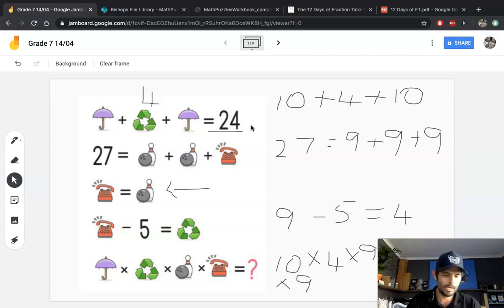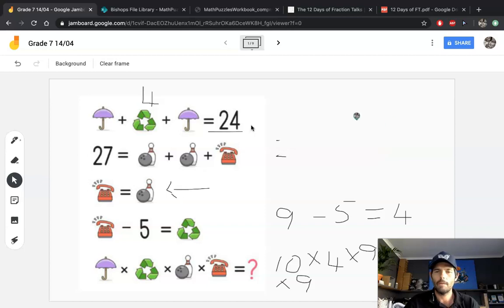Just remember, it doesn't matter what order you multiply in, and I'm just going to clear a bit of space at the top here so I can do that. So how am I going to do the 10 multiplied by 9 multiplied by 9 multiplied by 4? I can go 10 times 4 is 40.